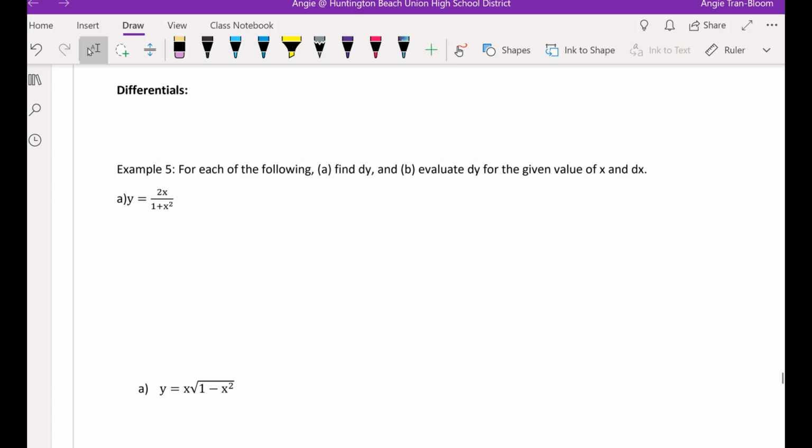Let's start with differentials. Let's define that really quickly.